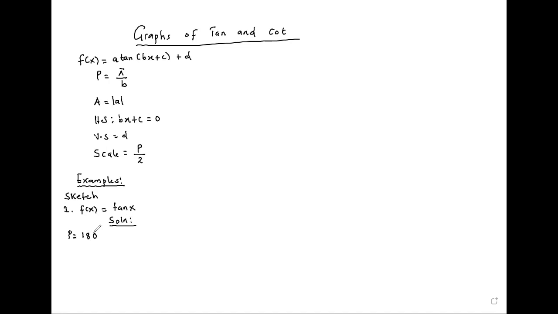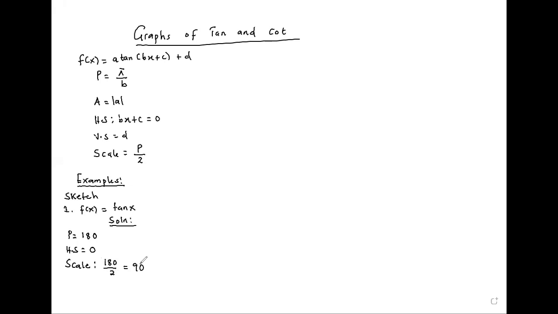And what is important is the horizontal shift. So in this case, it's 0 because x is equal to 0. Then now we go to the scale. And the scale is 180 over 2, which is 90.